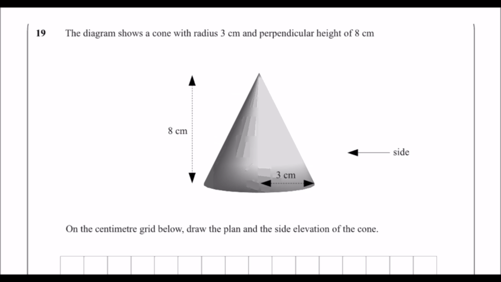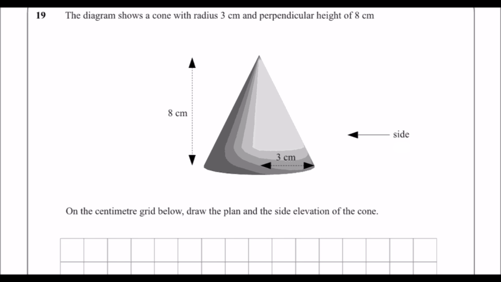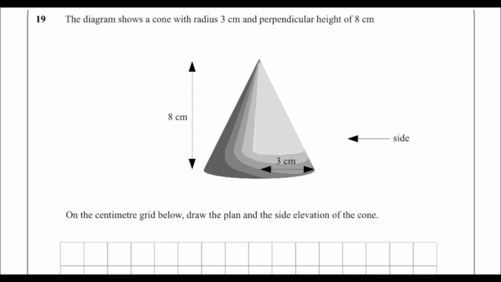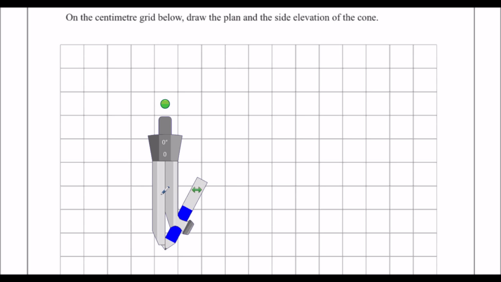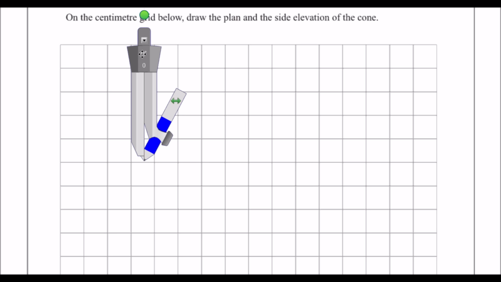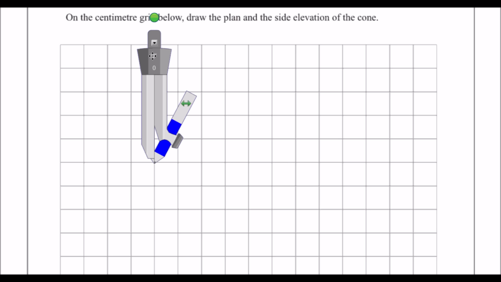So to draw our circle, our plan, we're going to use a compass. So we'll grab that, and it's going to have a radius of 3. So I'll put my point, I'll put it 4 centimeters from the edge, so there'll be a 1 centimeter gap.